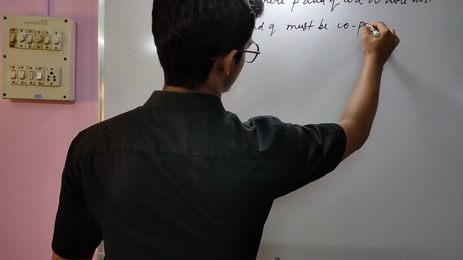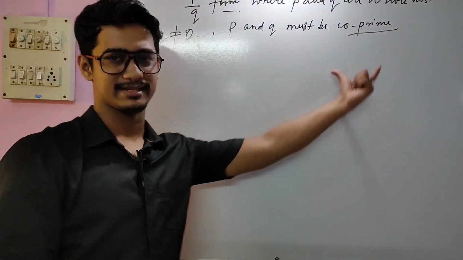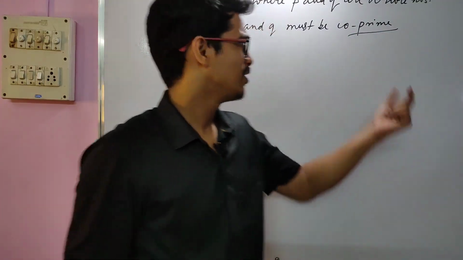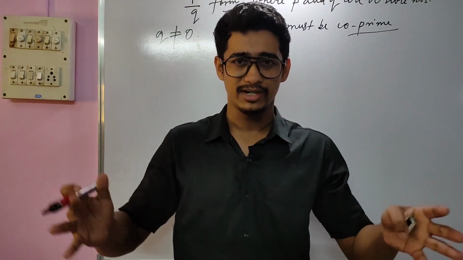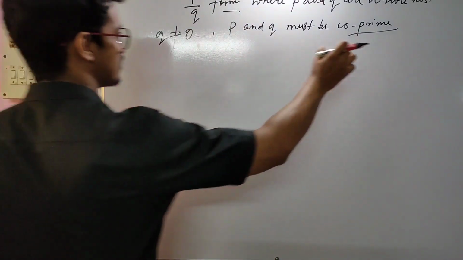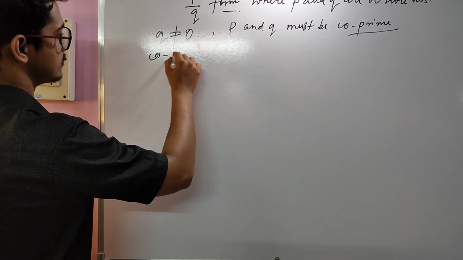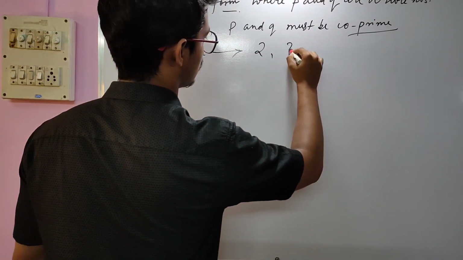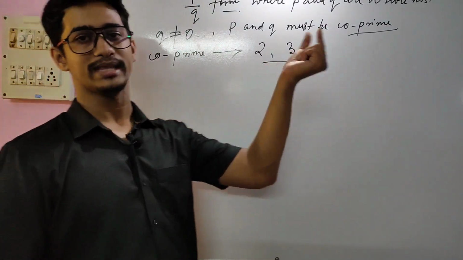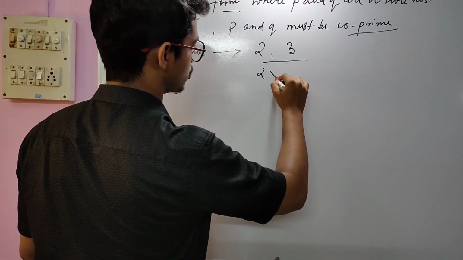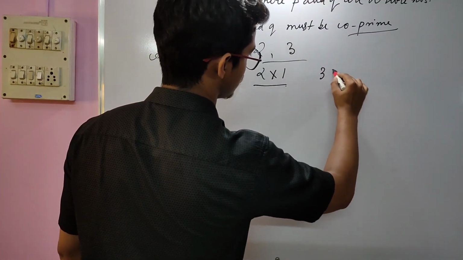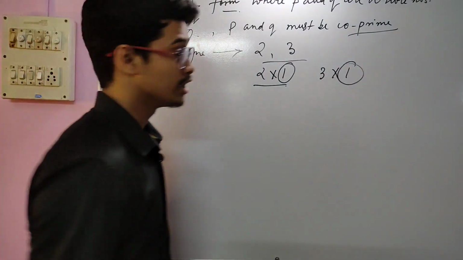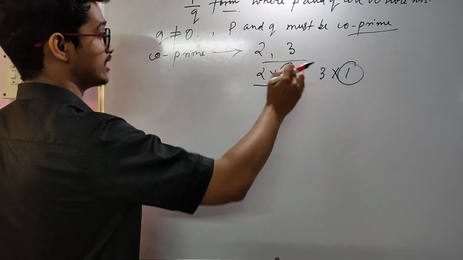coprime. So what is coprime? That is something extra that you have seen, and some of you must know what is coprime. But in general, let me just give you the actual definition of coprime. Coprime is nothing but common factors. Let me take 2 and 3. What is the common factor between 2 and 3? 2 into 1 we can write, and 3 into 1. If you see, 1 is the only common number, so that is the common factor between 2 and 3.